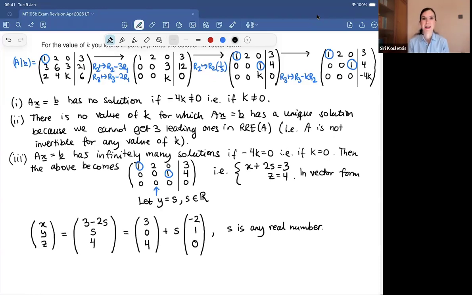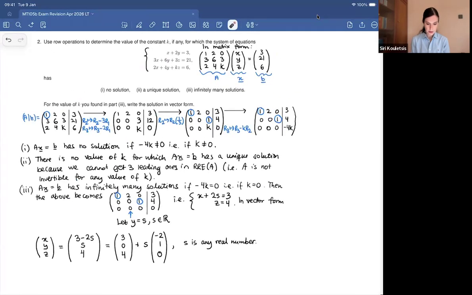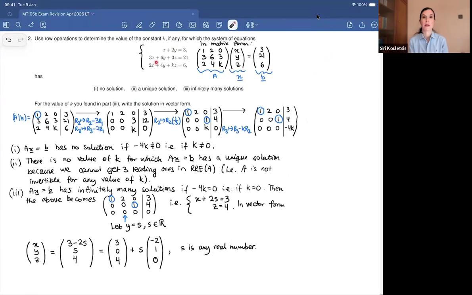And just quickly, as an aside, as I mentioned while I was solving it, what are we doing here? We started with this system of simultaneous equations. In matrix form, we wrote it out like this, and then we created the augmented matrix, and then we did elementary row operations on that augmented matrix, which is why we wrote arrows here, because obviously now the matrix changed.